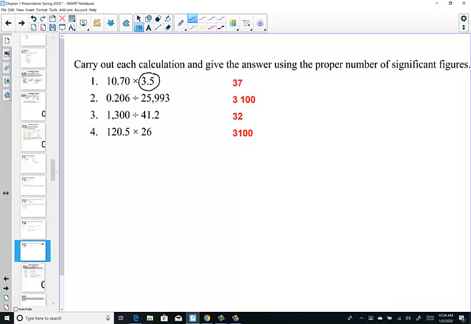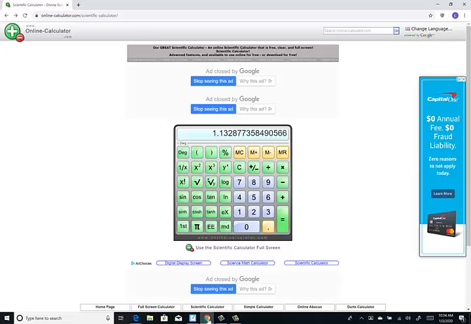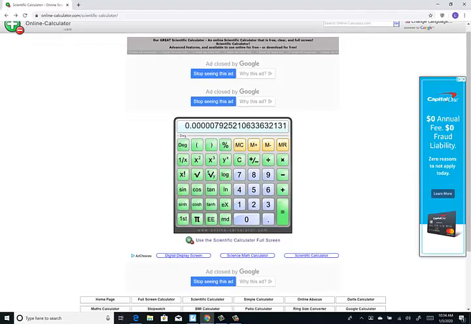I'm going to hit that on our calculator. 0.206, whoops, I missed that. 0.206 divided by 25.993. That has 1, 2, 3, 4, 5 zeros as placeholders. 79252.